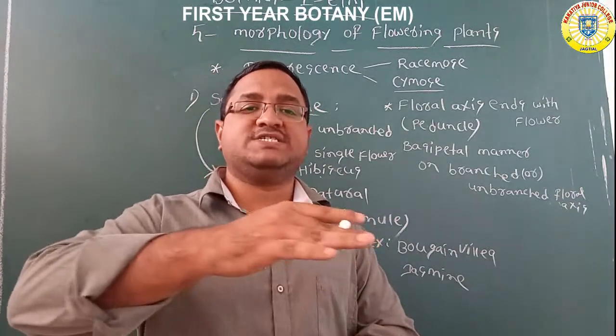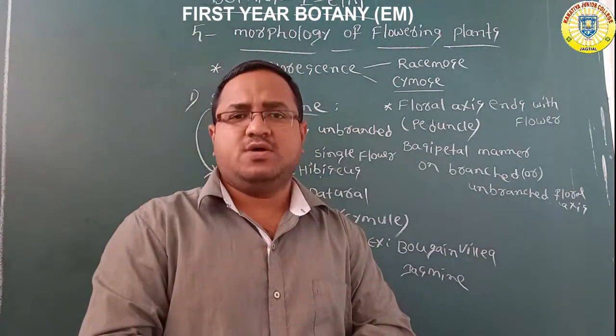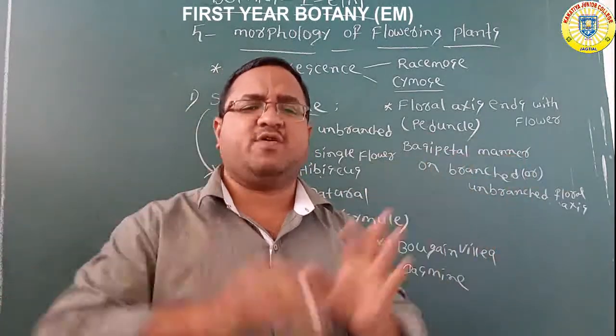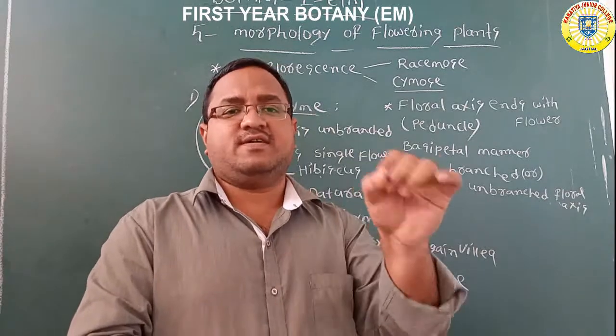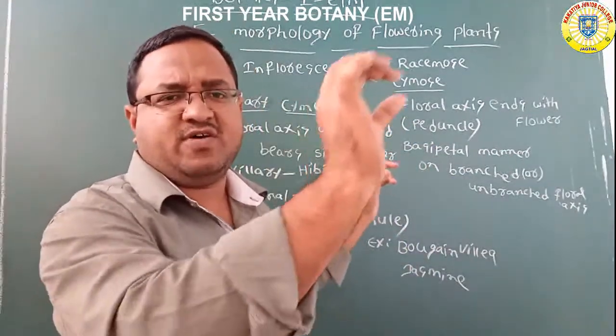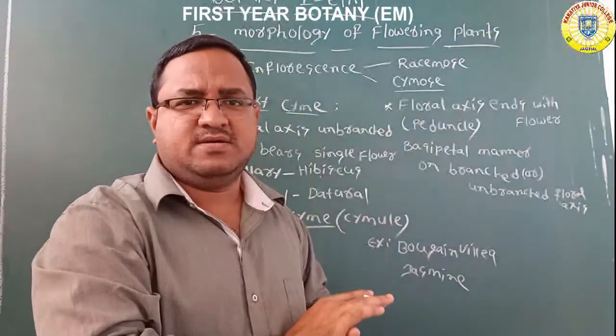For example, one branch is developed now. That branch also ends with a single flower only. Two branches are developed now. The two branches also end with a single flower. If there are no branches, only one flower ends the axis, either axillary or terminal.